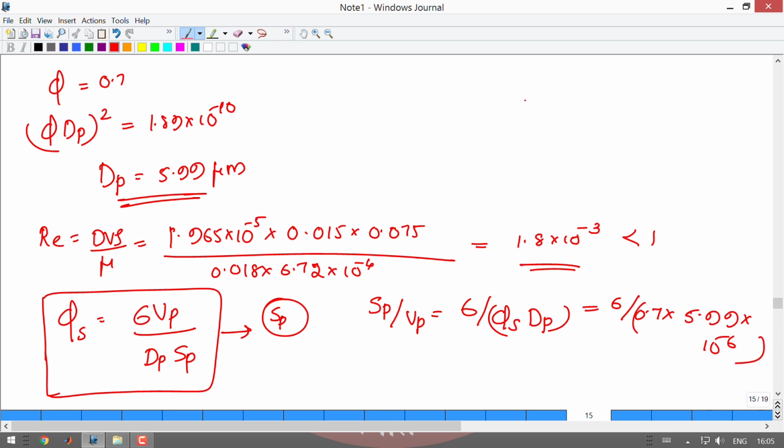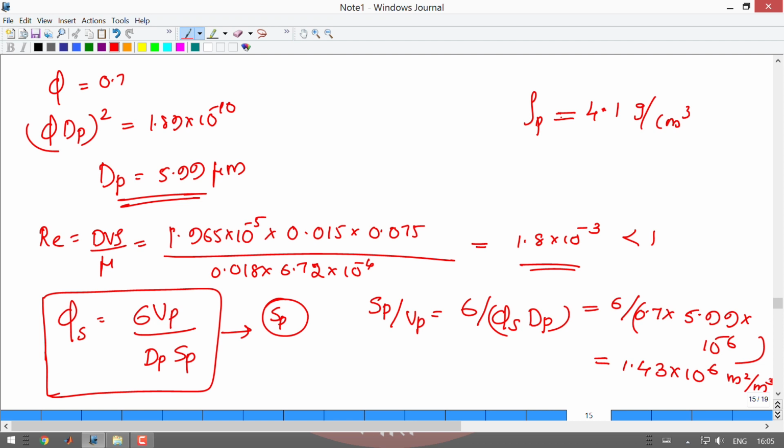In the question the density of the particle is given as 4.1 gram per centimeter cube. So, here you will get the value as 1.43 into 10 raised to 6 meter square per meter cube.